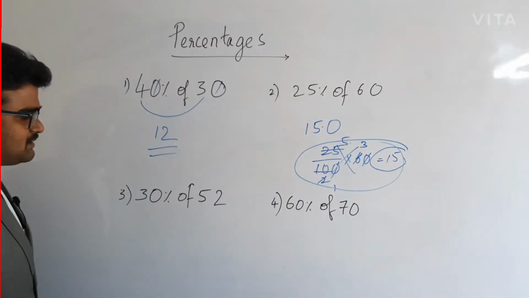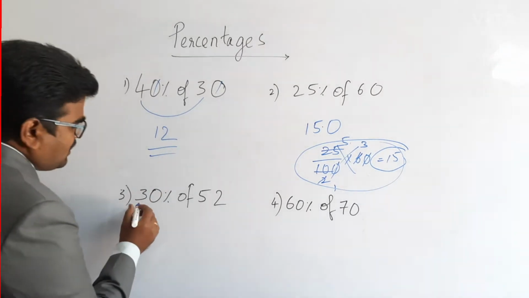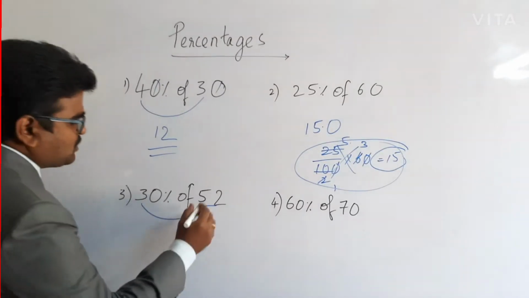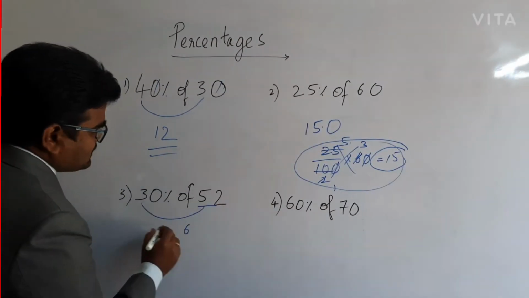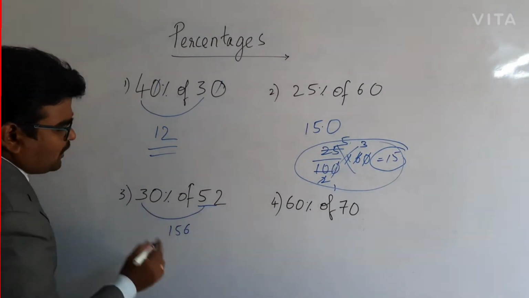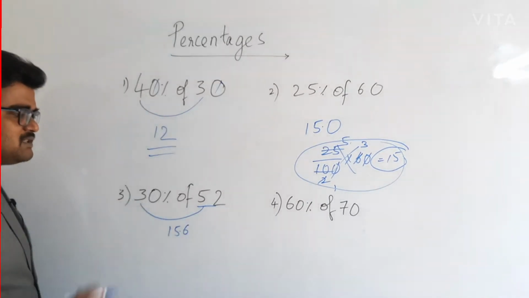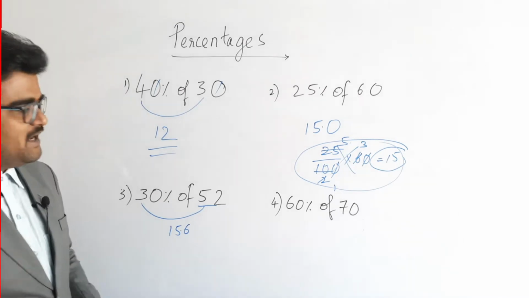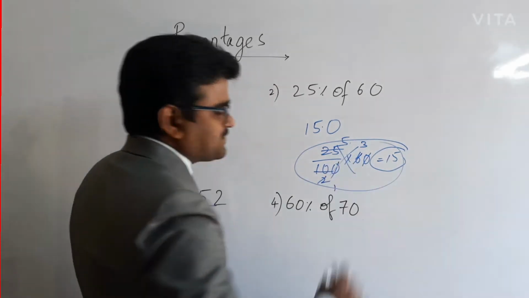Again, let's consider the third example, 30% of 52. Multiply 3 with 52. 52 threes are: 3 twos are 6, 5 threes are 15. And you have a 0 here, so put a decimal point. So 30% of 52 is 15.6, right? And again 60% of 70.